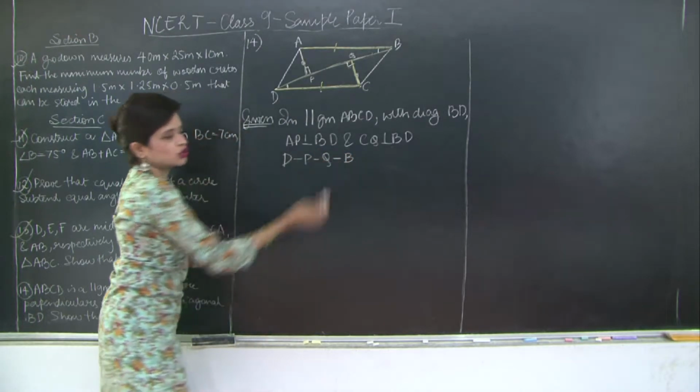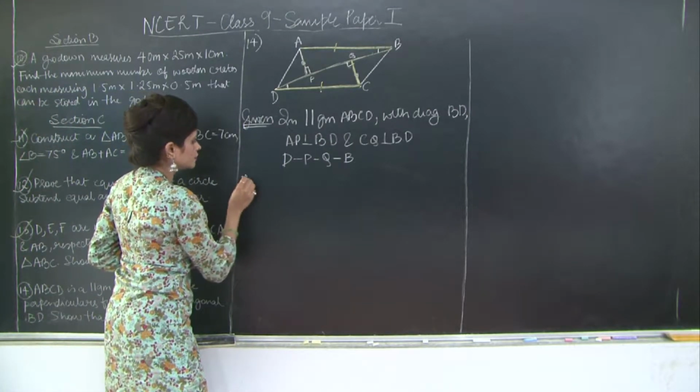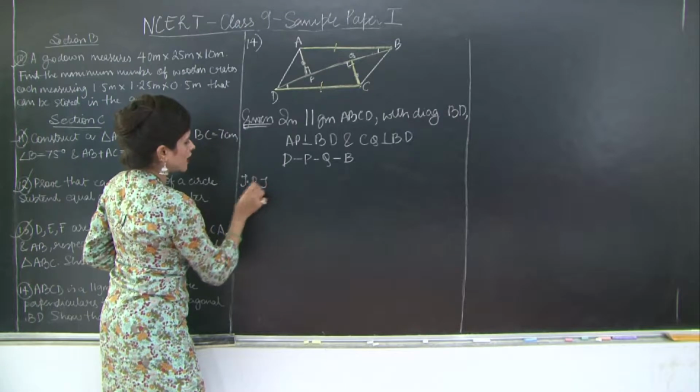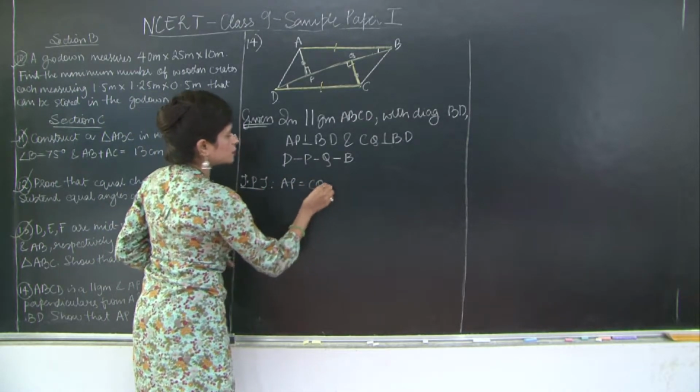So DPQB, or you can write BQPD. Okay, what do I need to prove? To prove that AP is equal to CQ.